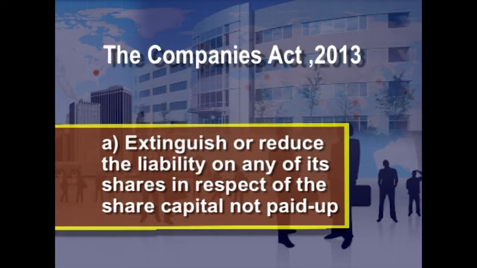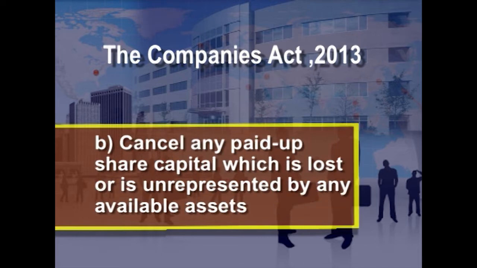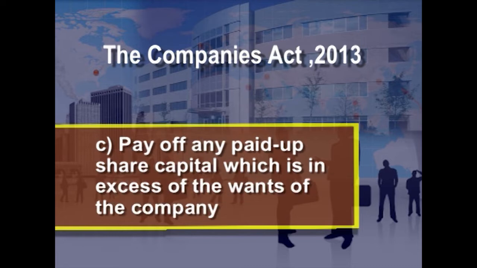For example, extinguish or reduce the liability on any of its shares in respect of the share capital not paid up, or cancel any paid up share capital which is lost or is unrepresented by any available assets. Pay off any paid up share capital which is in excess of the wants of the company.